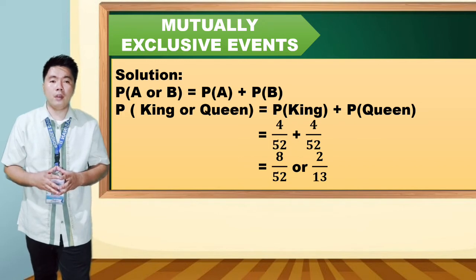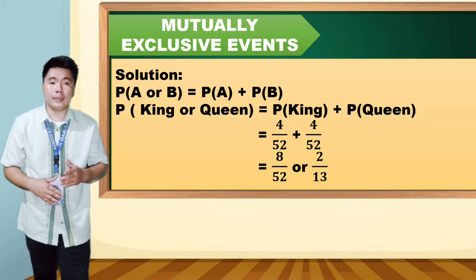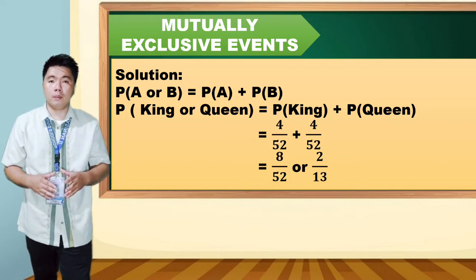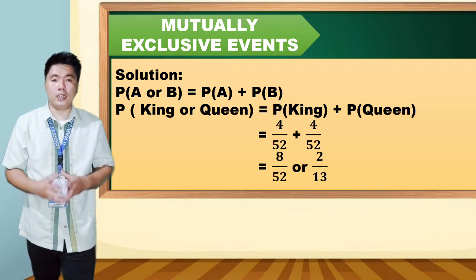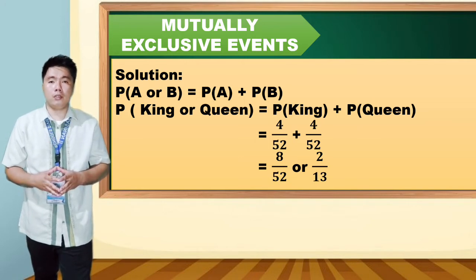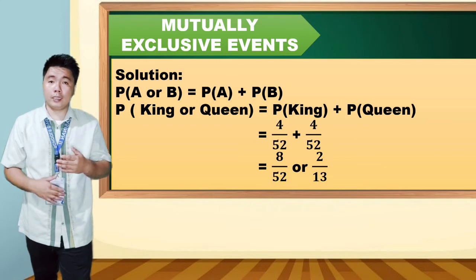So 4 over 52 plus 4 over 52 is equal to 8 over 52, and by simplifying that, you'll have 2 over 13. Your answer can be a fraction or a decimal. So for our first example, the answer is 2 over 13.